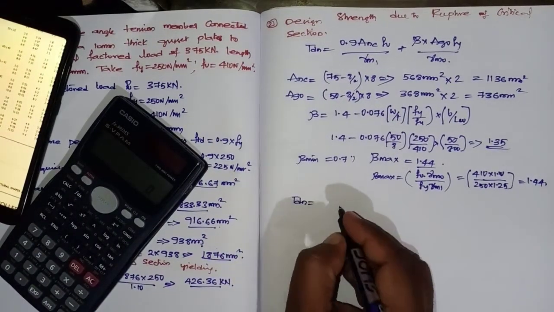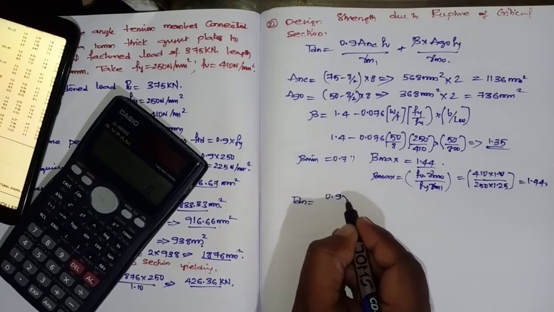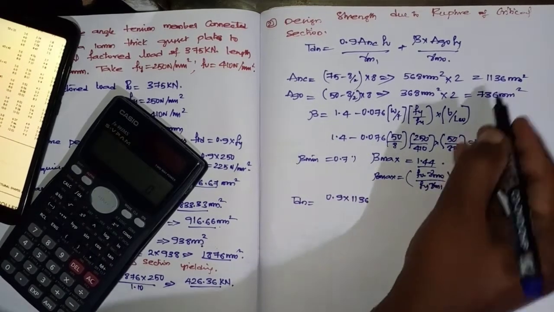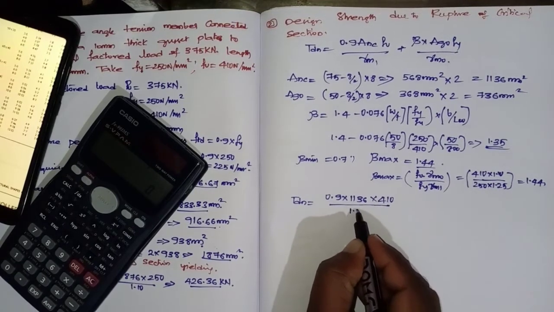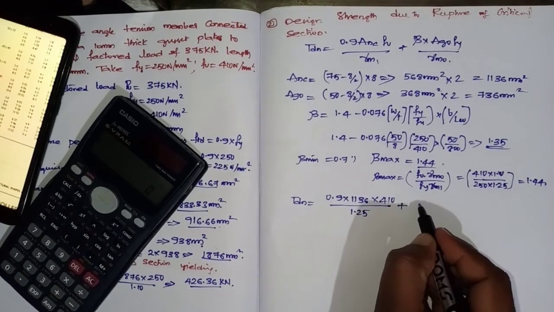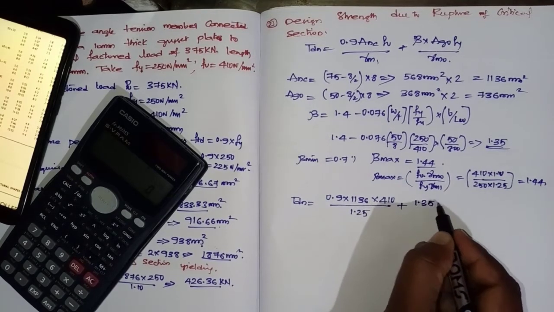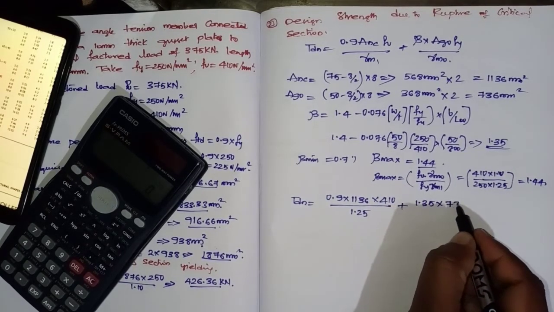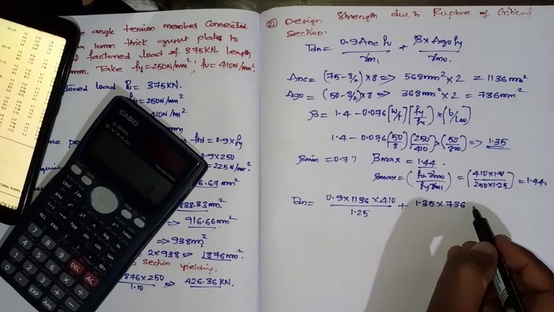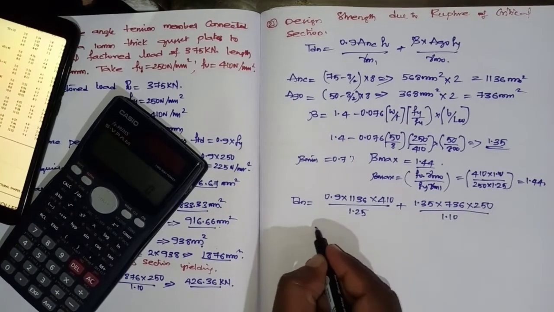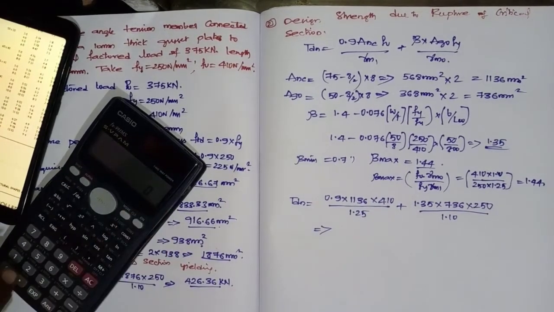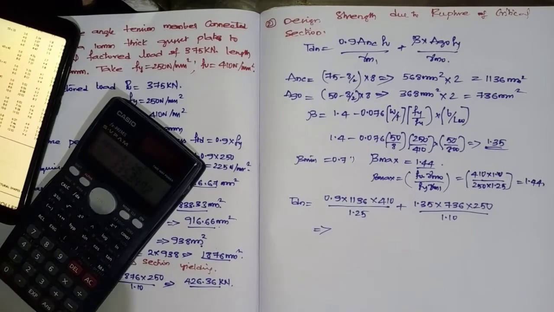TDN equals to 0.9 into 1136 ANC into 410 divided by 1.25 plus what is beta? 1.35 into 736 into 250 divided by 1.10. If I solve it separately, 0.9 into 1136 into 410 divided by 1.25.